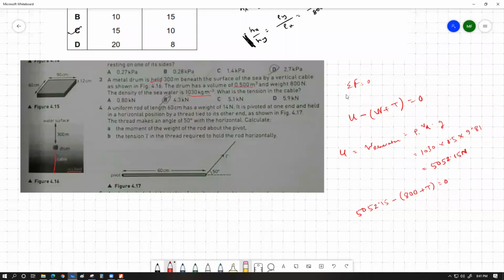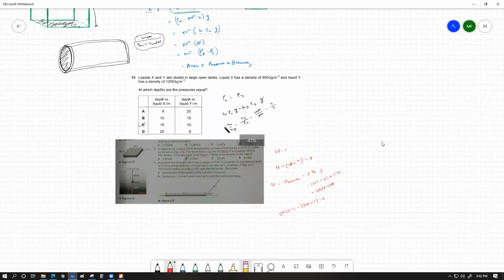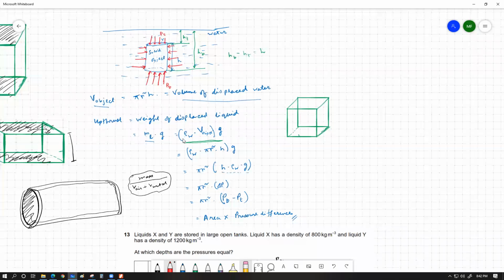What we showed a little while ago on the whiteboard was how we can calculate the magnitude or value of the upthrust. It can be approached by two different calculation methods. One can be done directly by the density of the liquid times the volume of the object times g.